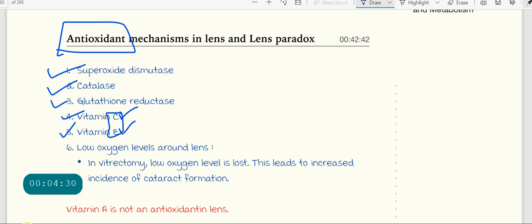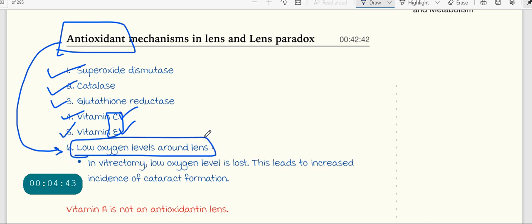Now what other things are antioxidant over here? Due to the low oxygen level around the lens, this can also lead to antioxidation in the lens. Now in vitrectomy, the vitreous is being removed in this surgery.